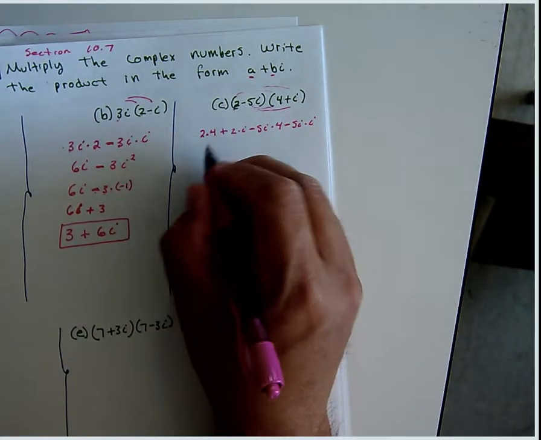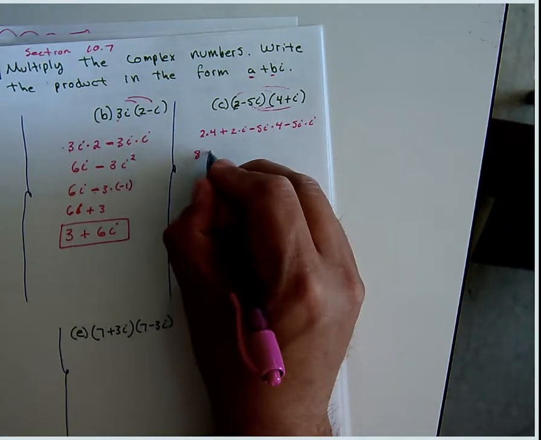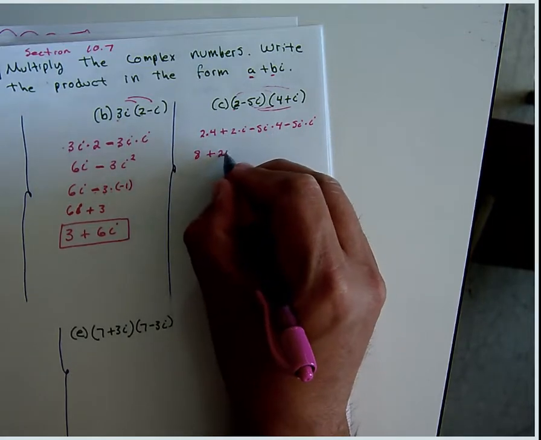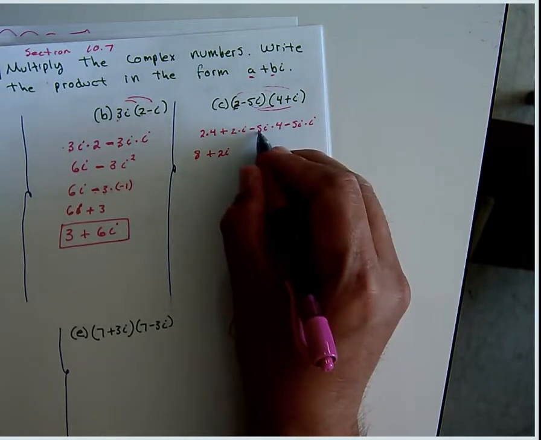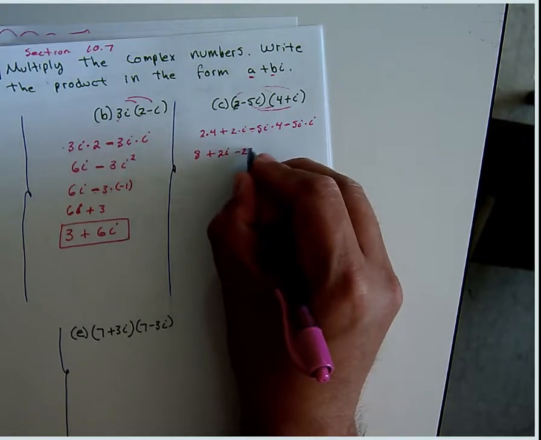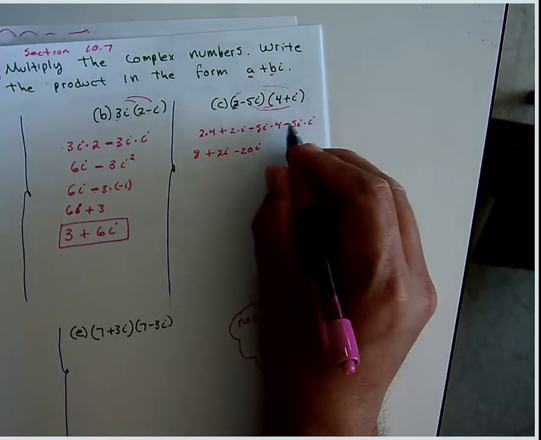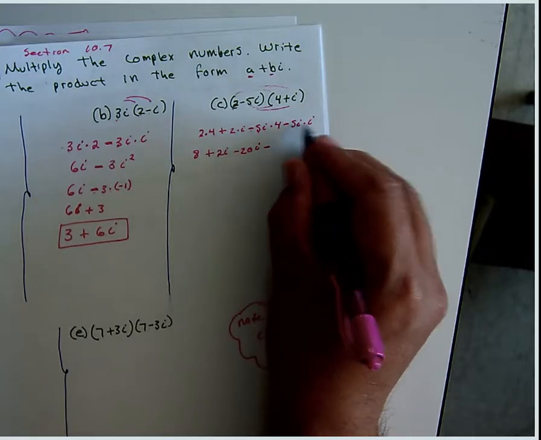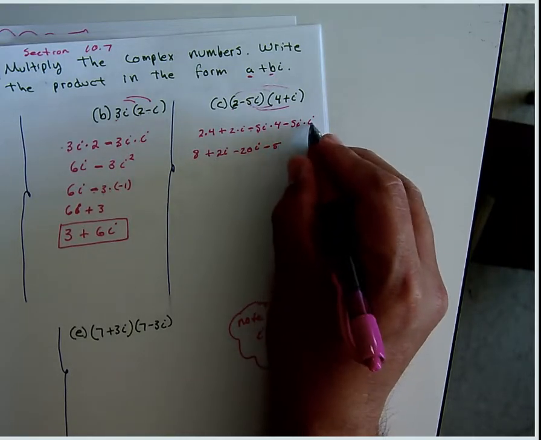So 2 times 4 is 8, 2i, negative 5 times 4 is negative 20i, negative 5i times i squared.